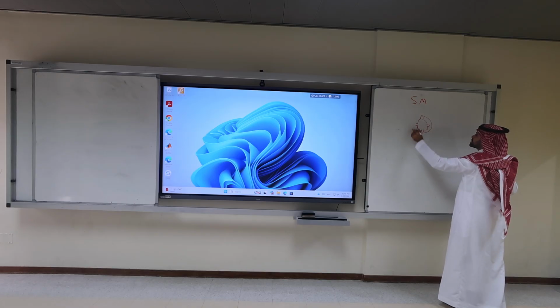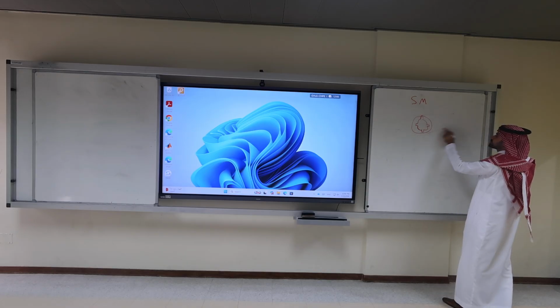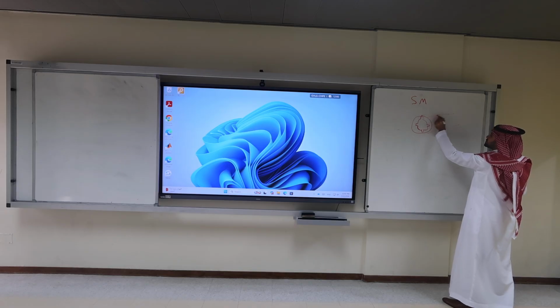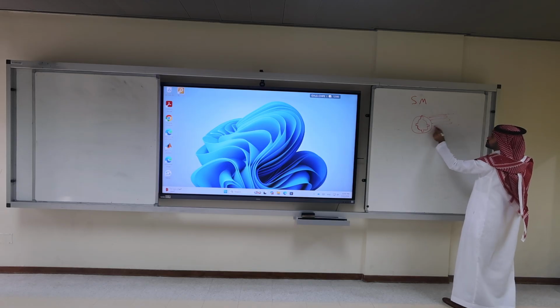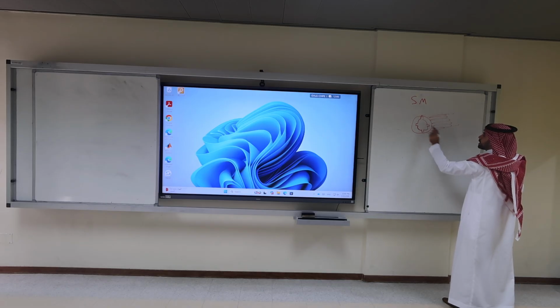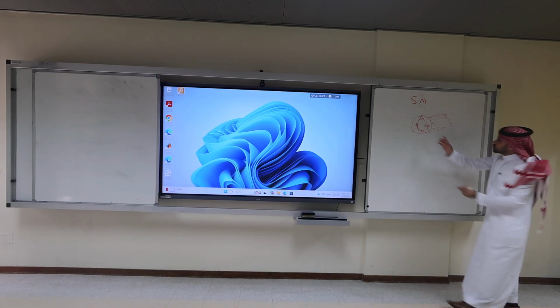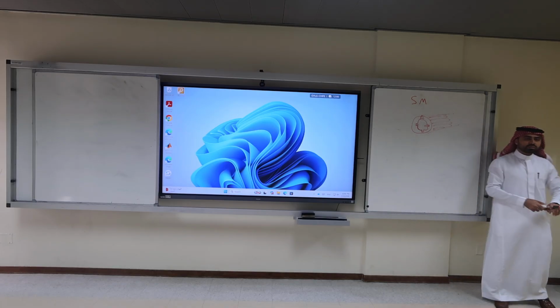This is the rotor, this is the stator. Here we have windings, and here we have also windings. The windings go inside as coils. You agree with me?